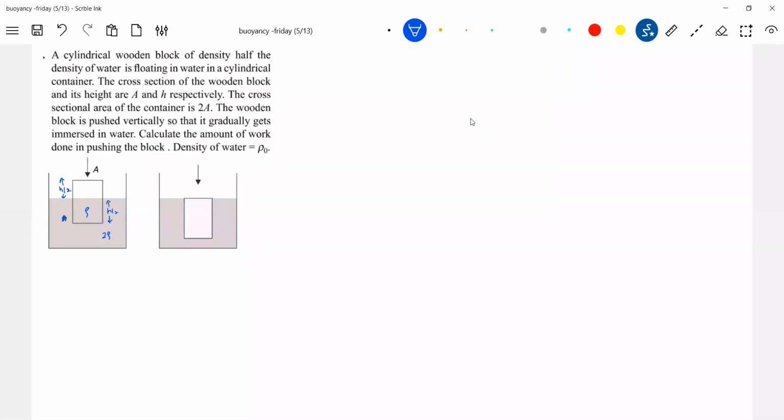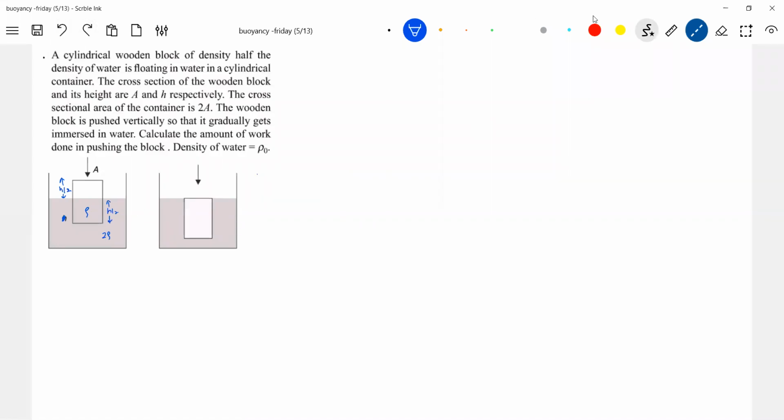I'll draw a parallel diagram to make you understand. Again, you'll get confused, so I'll write separately here now.